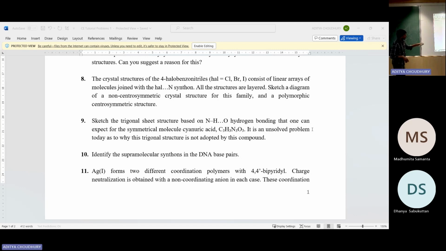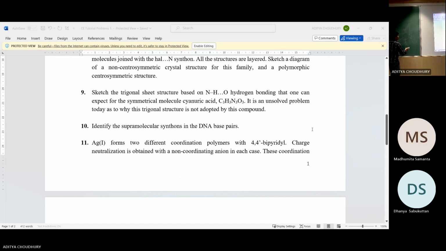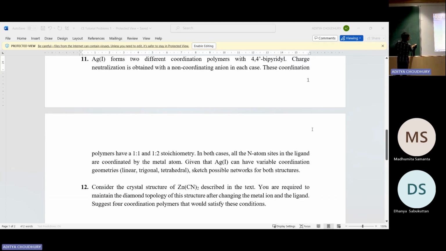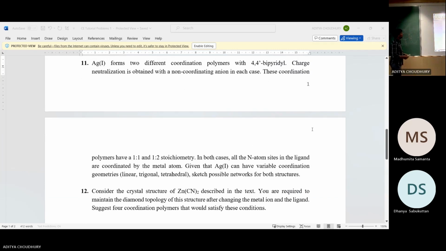Then the next question is going to be very interesting. Scroll down, Aditya, scroll up actually. Silver forms two different coordination polymers with a preferred backbone, and let's consider charge neutralization by the non-coordinating anion in each case, which means silver is not bound to any anion.